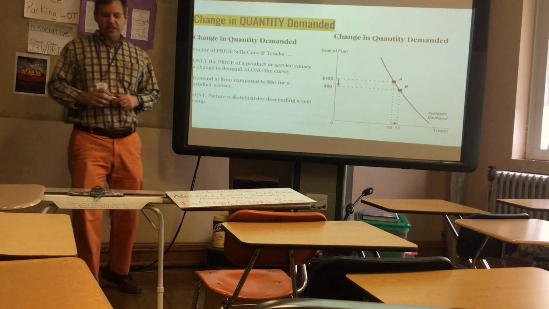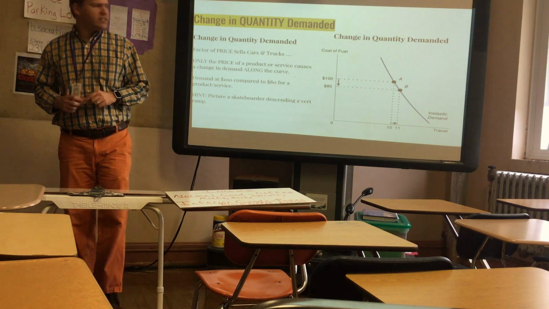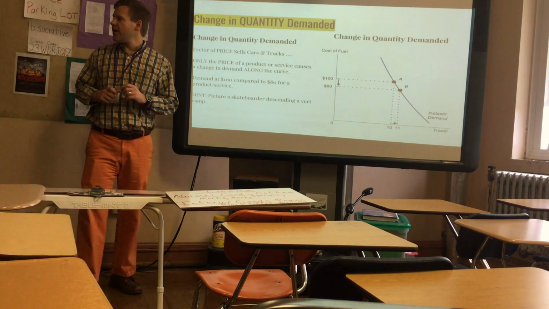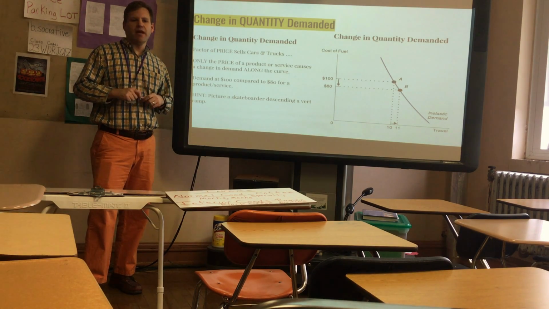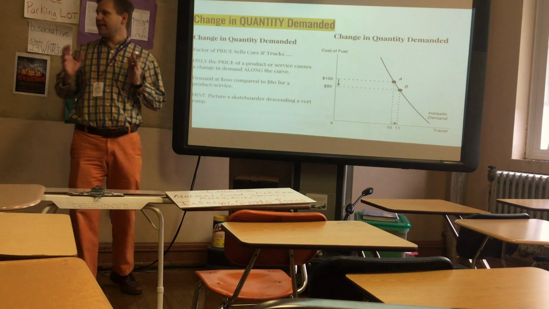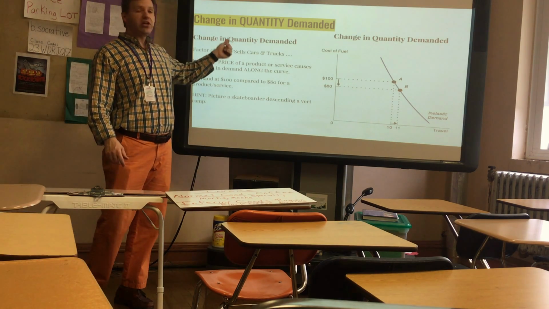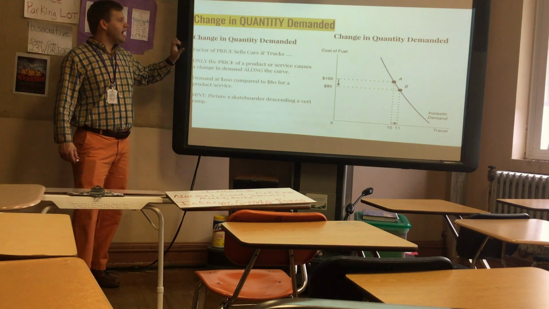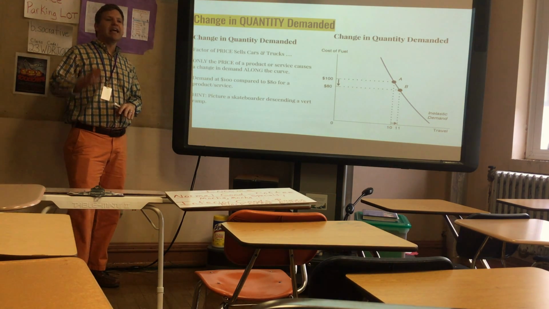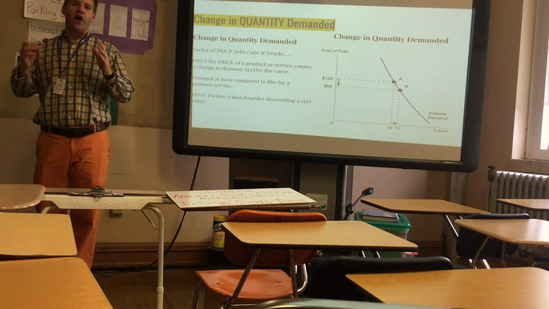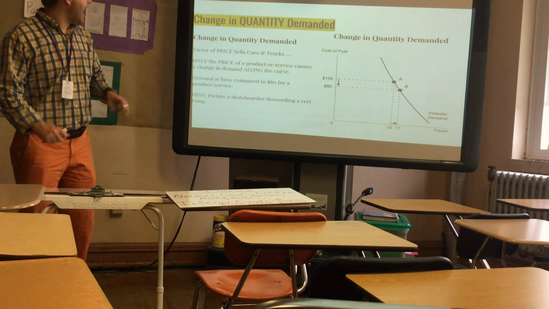A change in quantity demanded. I've said before that in supply and demand, economics gets confusing, it gets difficult. It starts right here with this slide. A change in quantity demanded is basically what we learned in section 1, following the law of demand.